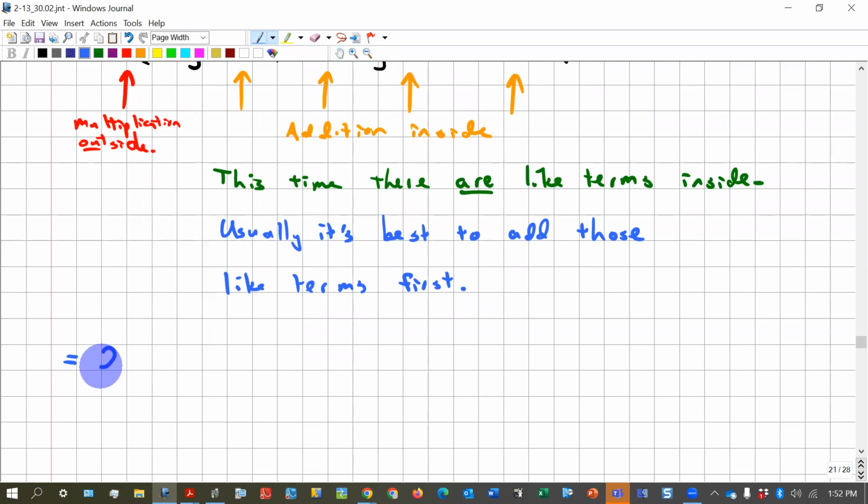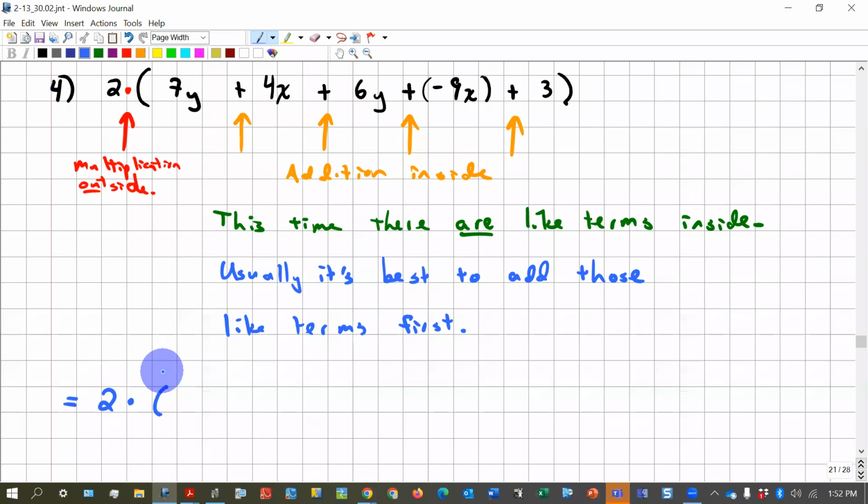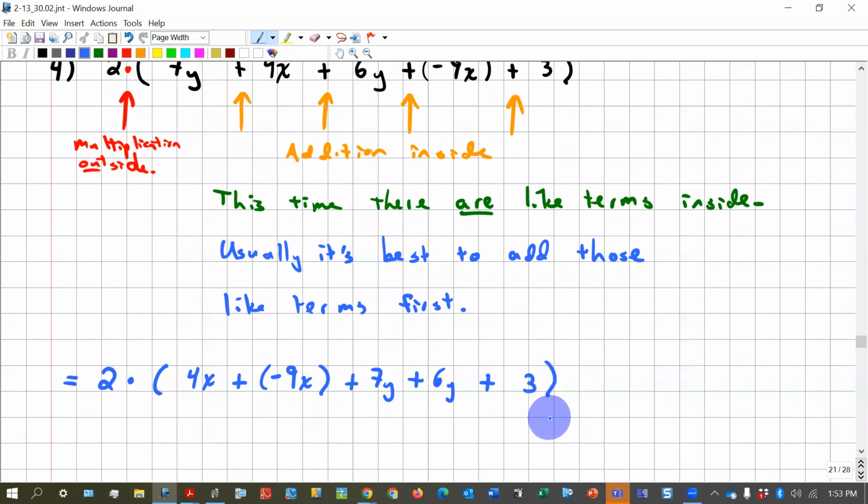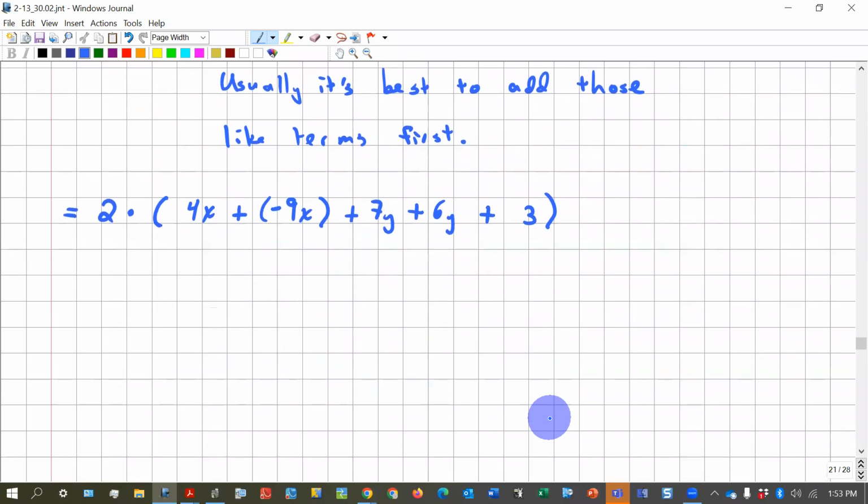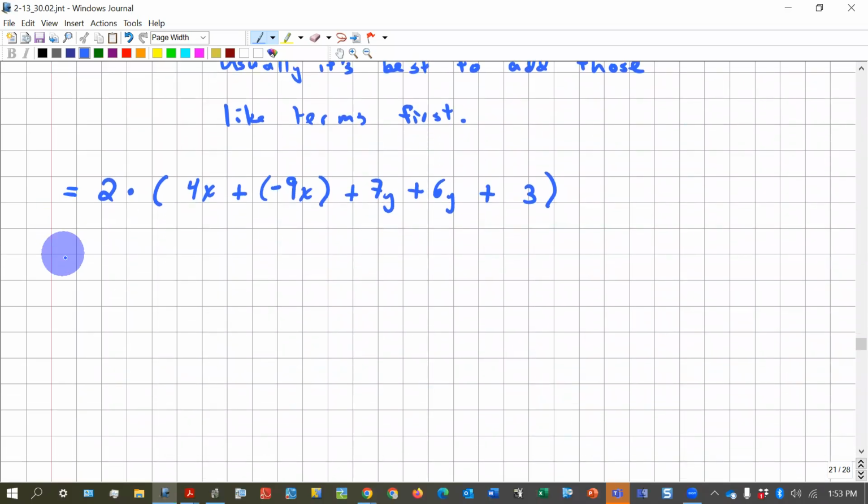So I'm going to leave the 2 on the outside for now and the multiplication. And on the inside, I've got some y's, I've got some x's, and I've got some constants. I'm going to put my x terms first because x comes before y in the alphabet. Then I'm going to put my y terms. And lastly, my constant term. That's the end of my parentheses.